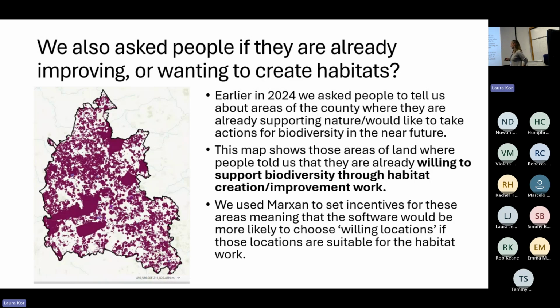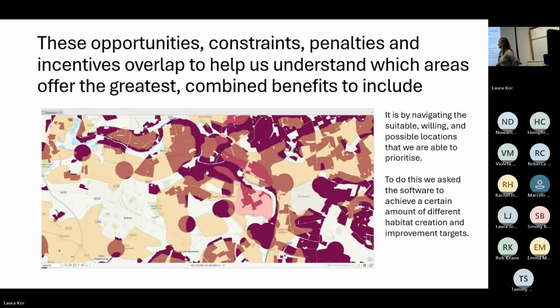And we used Marxan to set incentives so that the software was more likely to choose those areas than the blank areas. Again, if they weren't appropriate, they wouldn't be chosen. It wasn't a compulsory thing. So luckily, the software meant I didn't have to deal with this at a county level. So the opportunities, constraints, penalties, and the incentives all overlap.